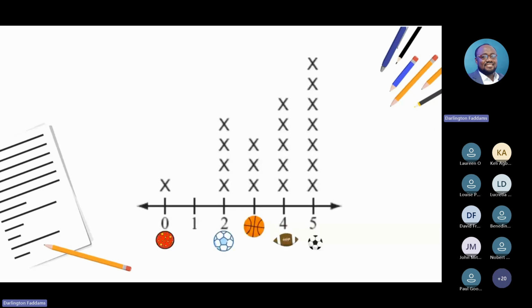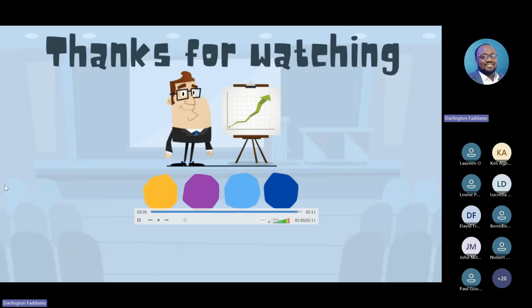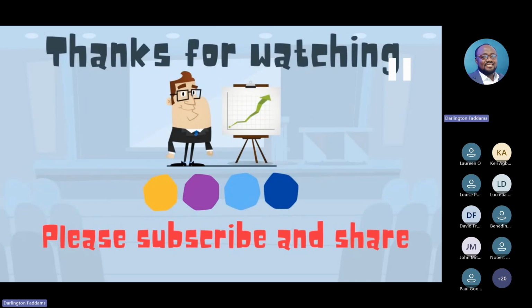And finally, you have a line plot, and this is good to show various categories on a number line. In this example, you have sporting equipment and how many you have of each, and it's on a number line. So there we go, looking at different graphs and when to use them. Thanks for watching, and Moo Moo Math uploads a new math and science video every day.